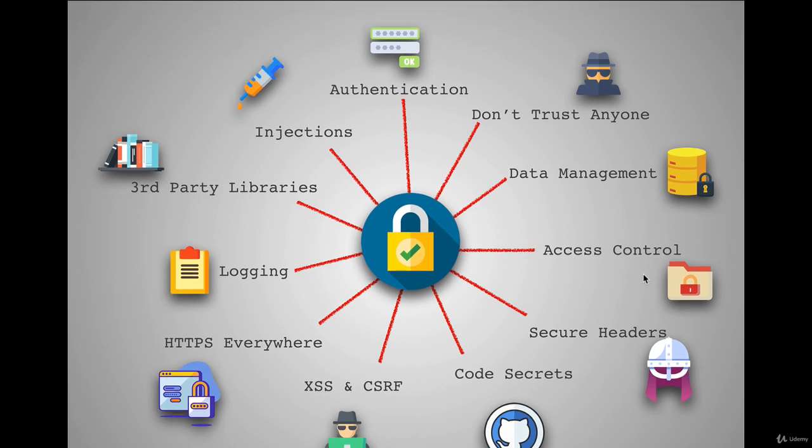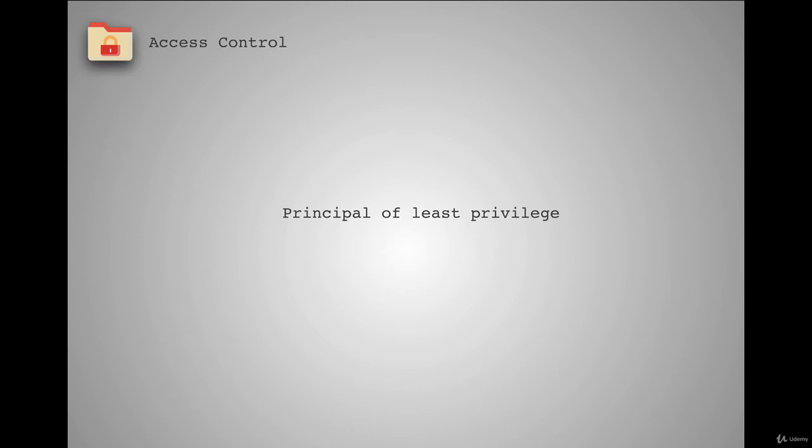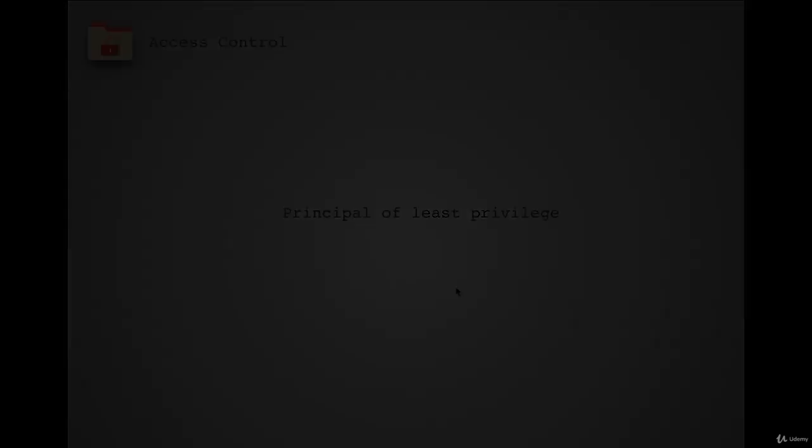Now, with access control, the main idea is this principle of least privilege. And you're going to hear this everywhere. Always give the least amount of privilege possible. Give only enough that people can do their work. A great example of this is something that we've actually already done.